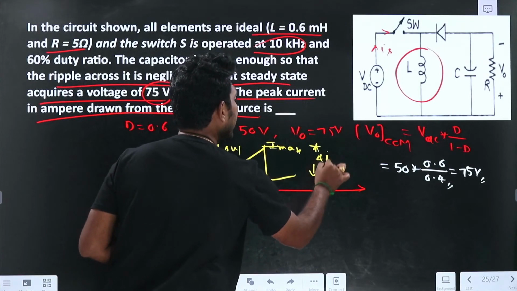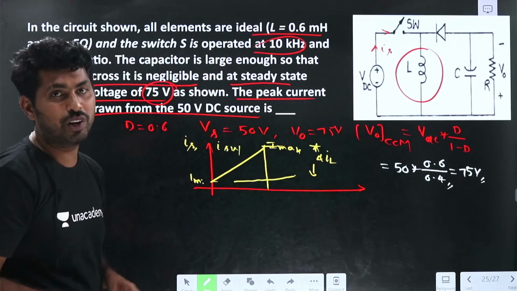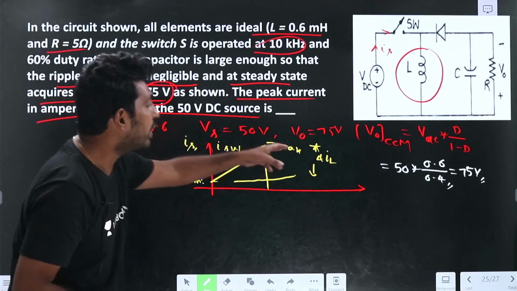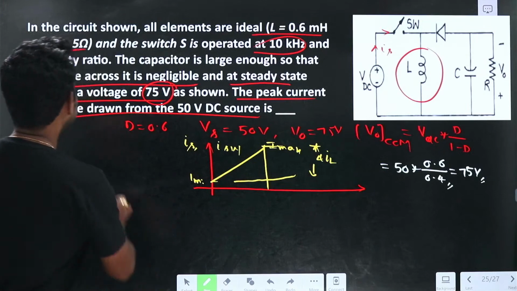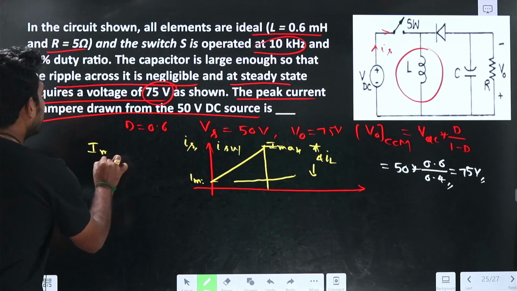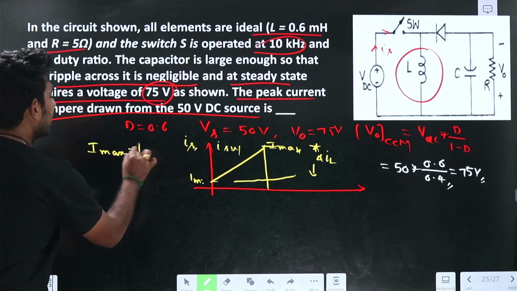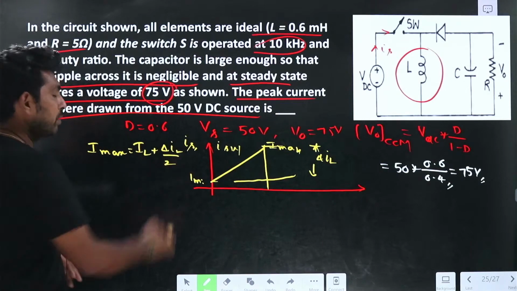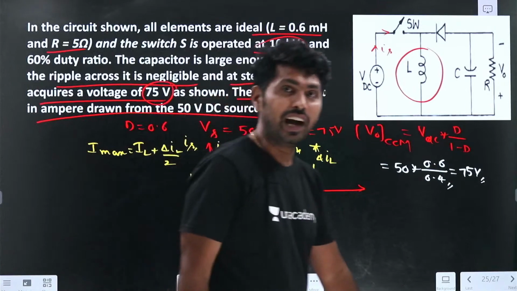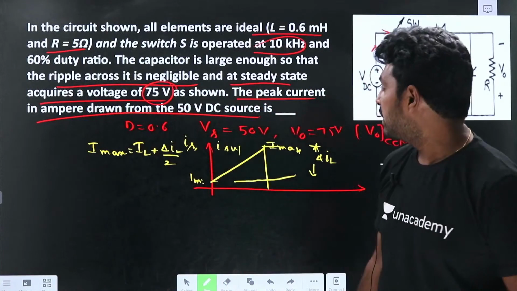For the continuous conduction mode, what is the I max value? I max equals IL plus delta IL by 2. So I need to find the IL value as well as the delta IL value.